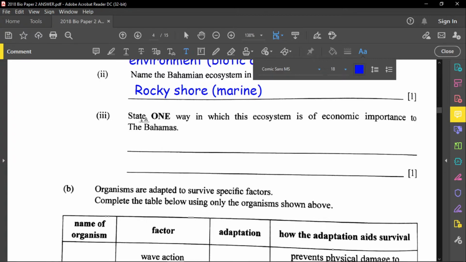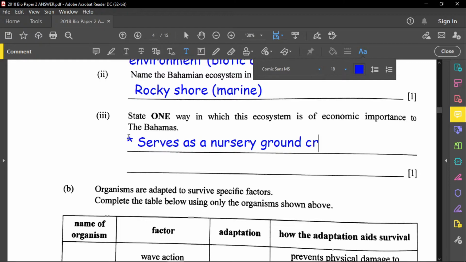Now, this part of the question says: state one way in which this ecosystem is of economic importance to the Bahamas. One of them is that it serves as a nursery ground for organisms such as crustaceans.